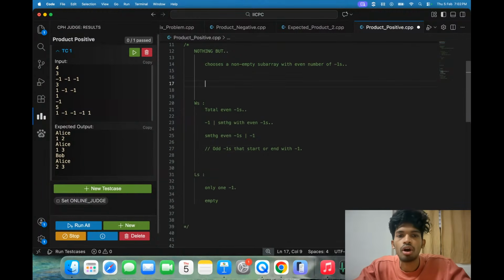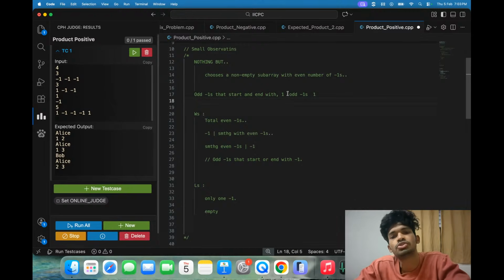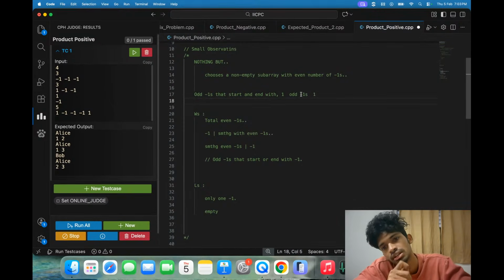You have to think about odd minus ones that start and end with 1. Here, whatever the first guy does, can you say something? Odd number of minus ones. He has to remove some even number of minus ones, right?